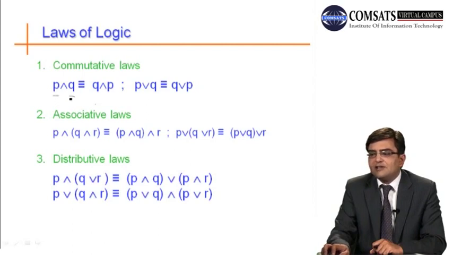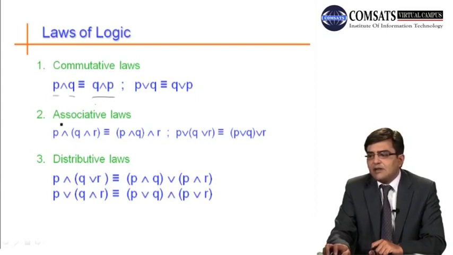Here, if we have P and Q, this will be equivalent to Q and P. So, interchanging the position of the individual propositions doesn't affect the compound proposition. This law holds also for disjunction, that is P or Q is equivalent to Q or P. We can prove these two equivalences using truth tables easily.